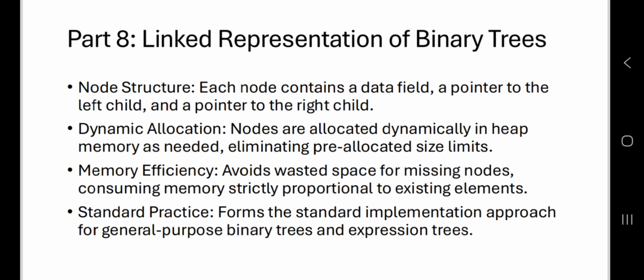So it offers great memory efficiency, avoiding wasted space for missing nodes and consuming memory strictly proportional to existing elements. This is the standard practice for general-purpose binary trees and expression trees.